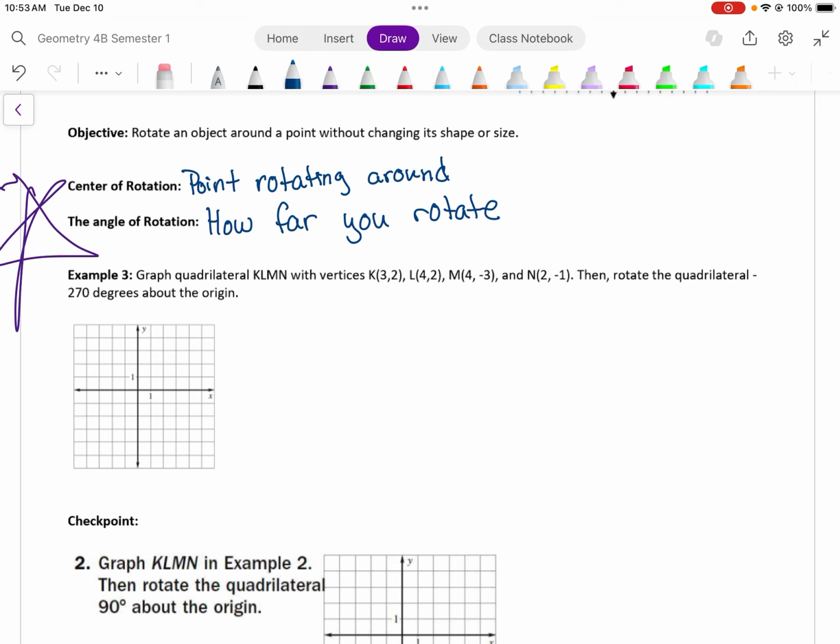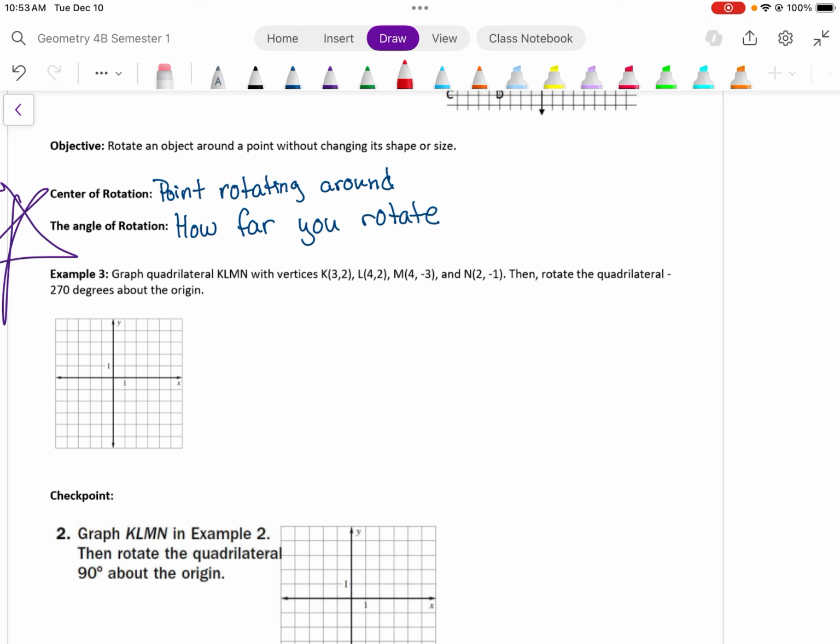For our rotations, we have two directions. We have clockwise and counterclockwise. So for these, we're just going to draw our coordinate grid. One to demonstrate clockwise and then one to do counterclockwise.